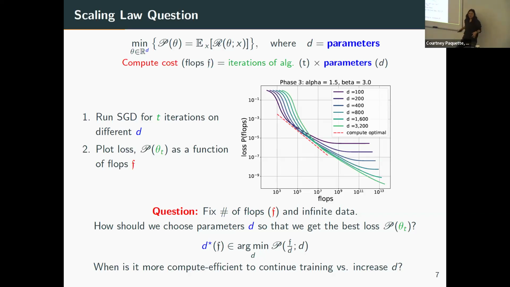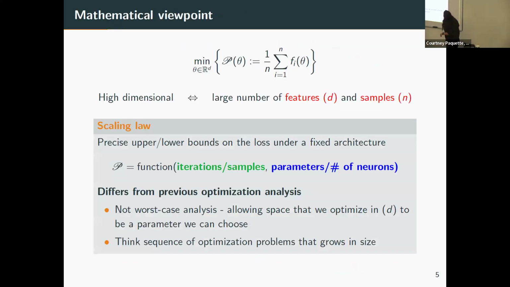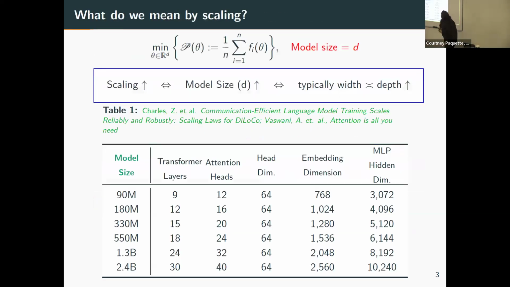Understand the idea? Yeah. How are you including width and depth with this D? Yeah, so that's what I was saying. So you fix the architecture. So I went ahead here. There's a way, I'm assuming someone has already done this. So they have a scaling ladder where they say, okay, when D goes up, you typically scale width and depth simultaneously.